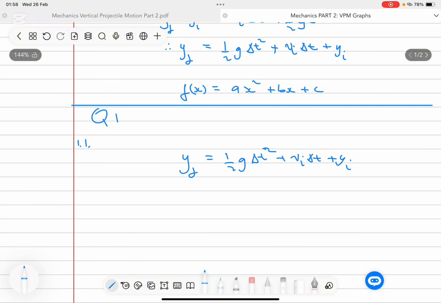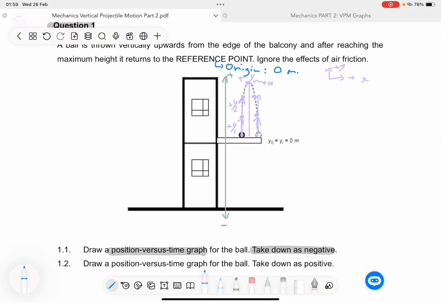In this equation, we said downwards is negative. That means our acceleration due to gravity, remember, it is a vector that always goes downwards, is negative 9.8 meters per second squared because it goes in the negative direction.